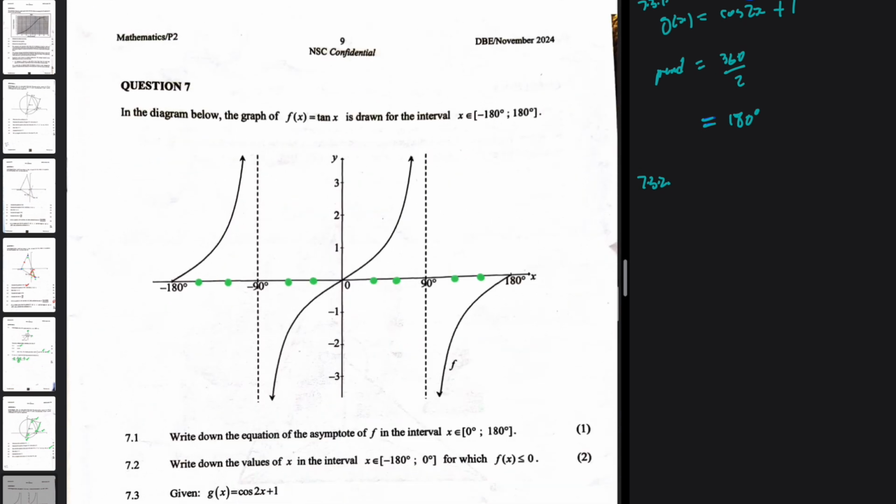I need to substitute those points into my calculator and find the corresponding y values. So cos of 2 multiplied by minus 120, everything plus 1.